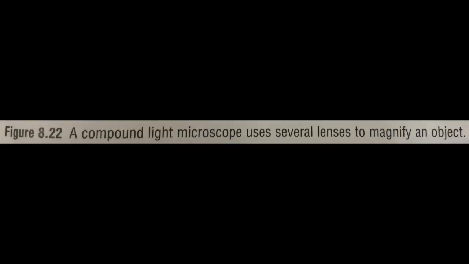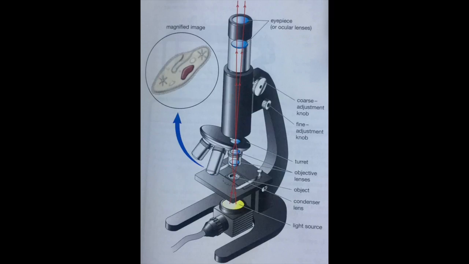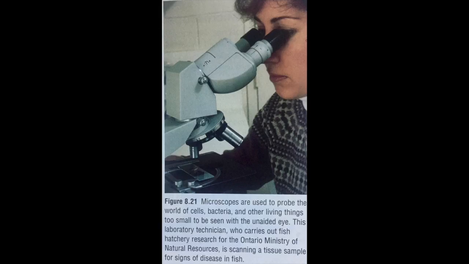See figure 8.22. To be sure, a classic-looking microscope. Figure 8.22, a compound light microscope, uses several lenses to magnify an object. Figure 8.21.